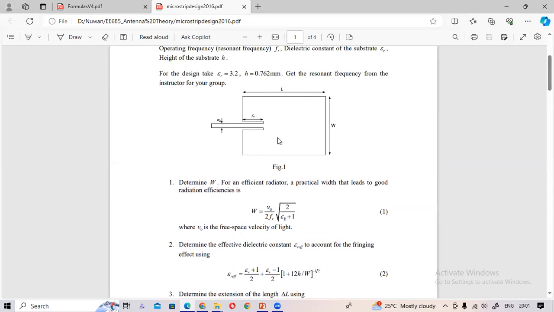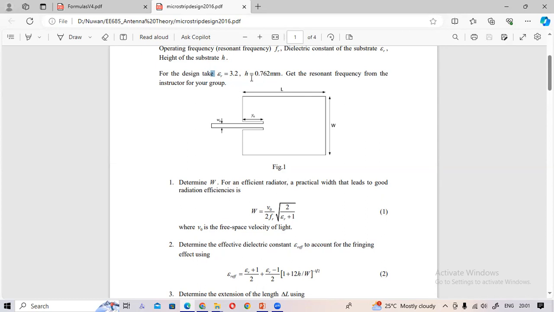There are different types of substrate, and some parameters are given here. I think these parameters are for the Neltec substrate. For the Neltec substrate, the dielectric constant is 3.2 and the height of the substrate is 0.762 millimeter.